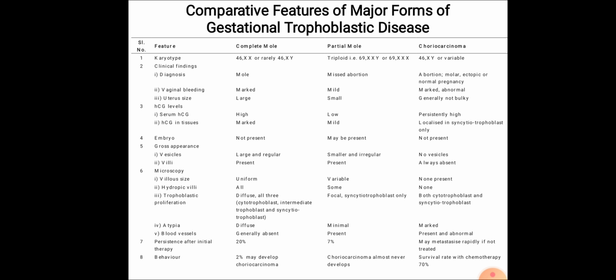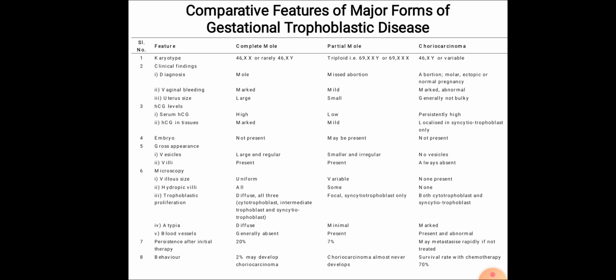Atypia is diffuse in complete mole, marked in choriocarcinoma, and minimal in partial mole. Blood vessels are generally absent in complete mole, whereas they are present in partial mole and choriocarcinoma. Persistence after initial therapy is 20% in complete mole, 7% in partial mole, and choriocarcinoma may metastasize rapidly if not treated.